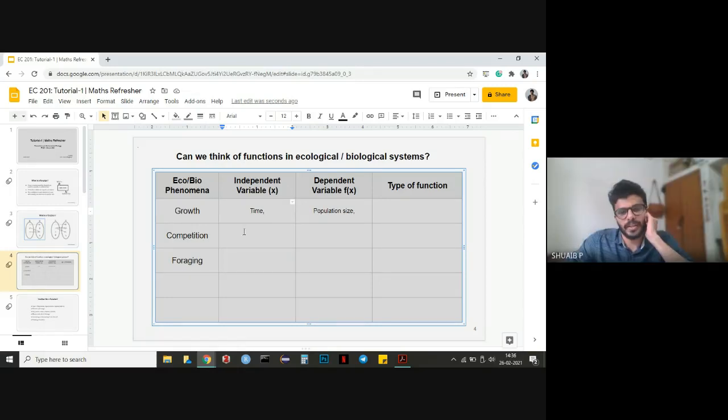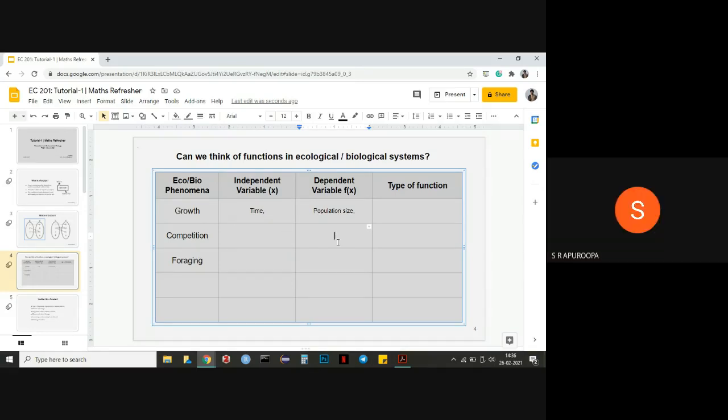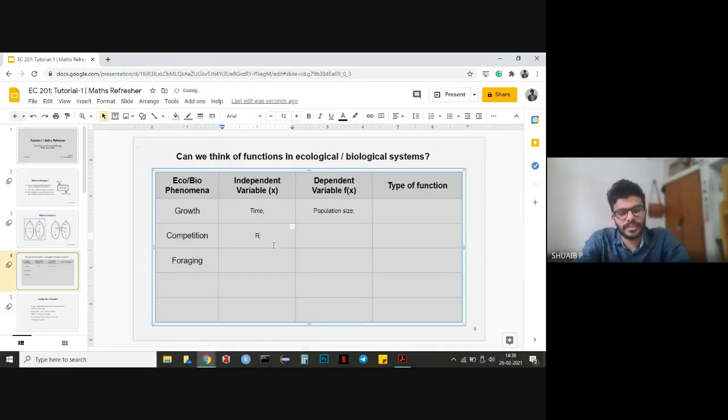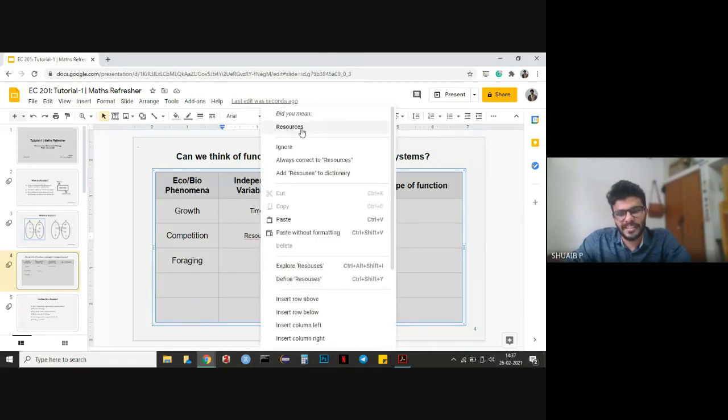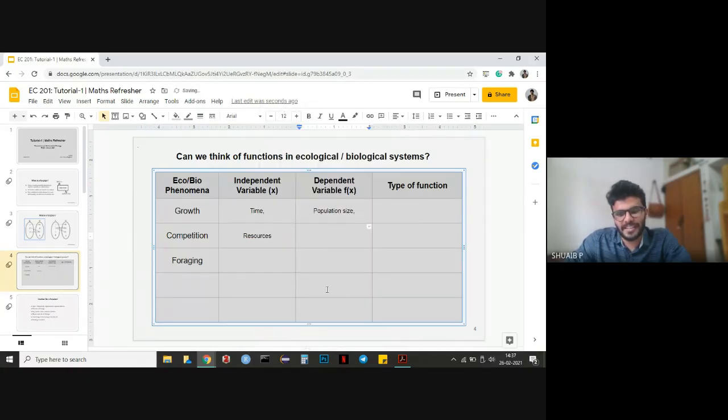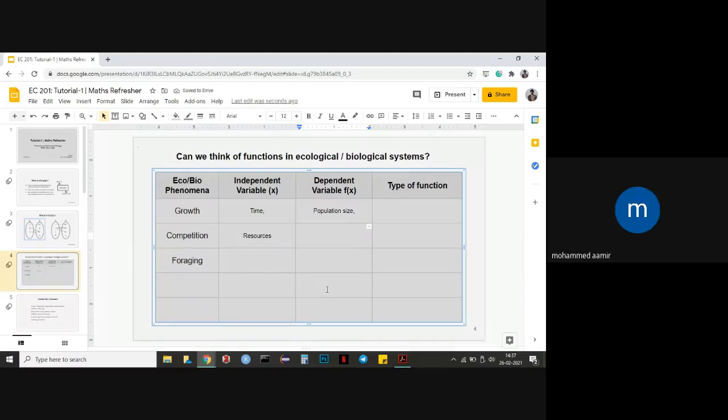Like even for competition, can someone suggest what would be? Resources will be an independent variable in this case. Resources can be, yeah. So the variable which it affects would be population.